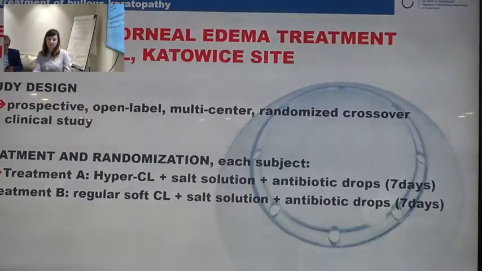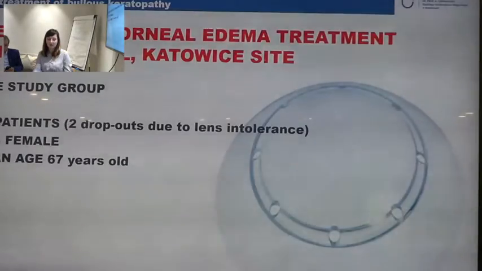The study is prospective, open-label, multi-center, and randomized crossover, meaning each subject will undergo 2 types of treatment, one with the hyperCL and the other with regular soft lenses.